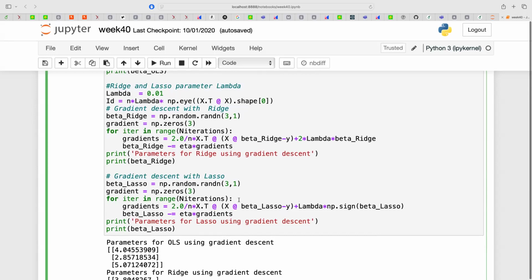But this is just meant as an example on how you use a plain brute force gradient descent. And lasso is something you could have included very easily by simply taking the sign of the parameter beta. This is actually the derivative of the absolute value of beta. So this is the way you could have included it if you wanted to write the code yourself.